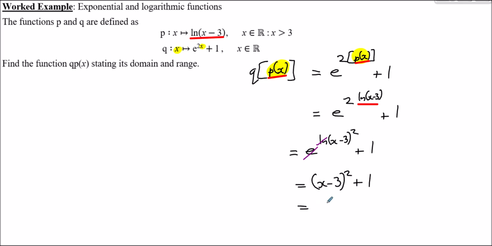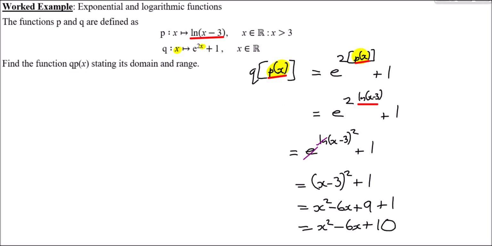x minus 3 squared, expanded out. Even though this is nice because it's in completed square form, actually. So that would be x squared minus 6x plus 9 plus 1, which goes to x squared minus 6x plus 10.